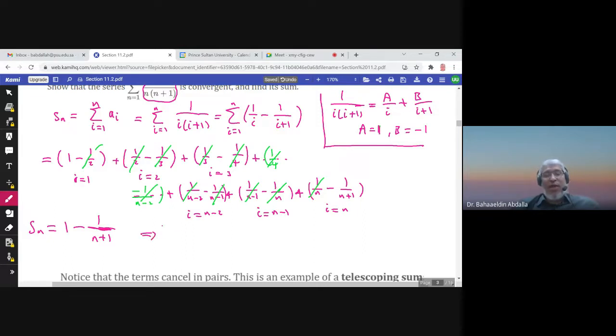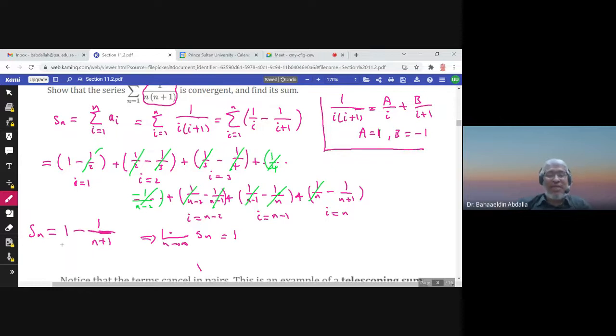So now you can find the limit of Sn when n goes to infinity. The limit of Sn would be the limit of this, and 1 over infinity is 0. So the limit of Sn is 1, and this means that the series converges to 1. The sum of the series is 1.